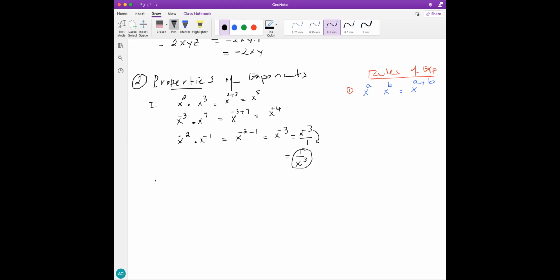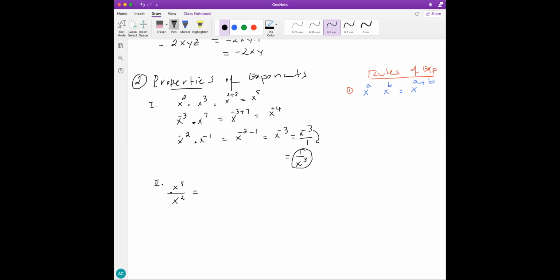Now let's look at rule number 2 of exponents. We saw multiplication here. Let's see what happens if you have a division instead of a multiplication. Let's say you have x to the 5th over x to the 2nd. What do you think we do with the powers here?